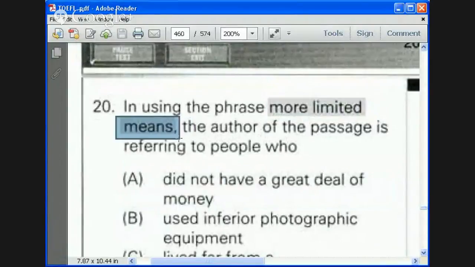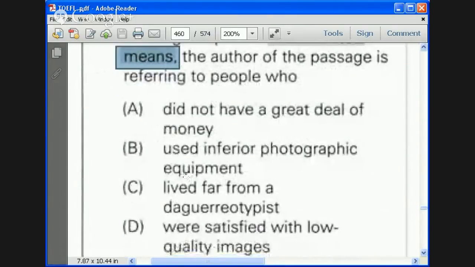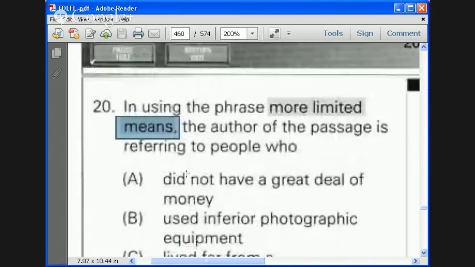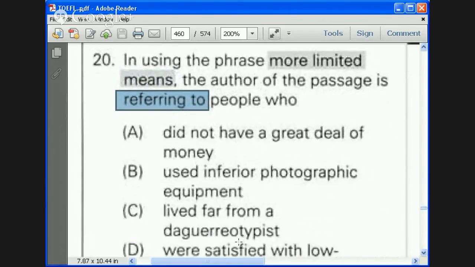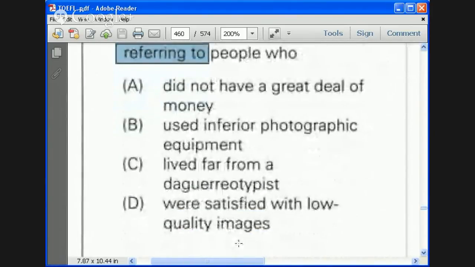In general, this phrase always refers to people with less money. It's a common phrase, especially in writing. But if you're not, you should be able to deduce it just from referring to the information before. Okay. All right, well, that's the answer.